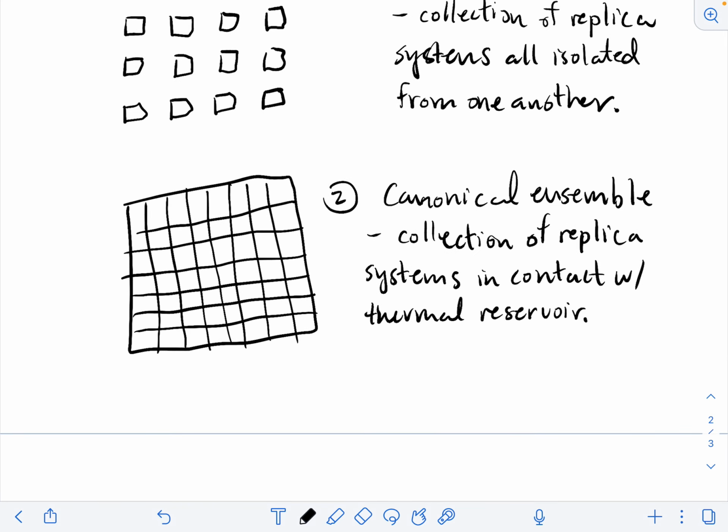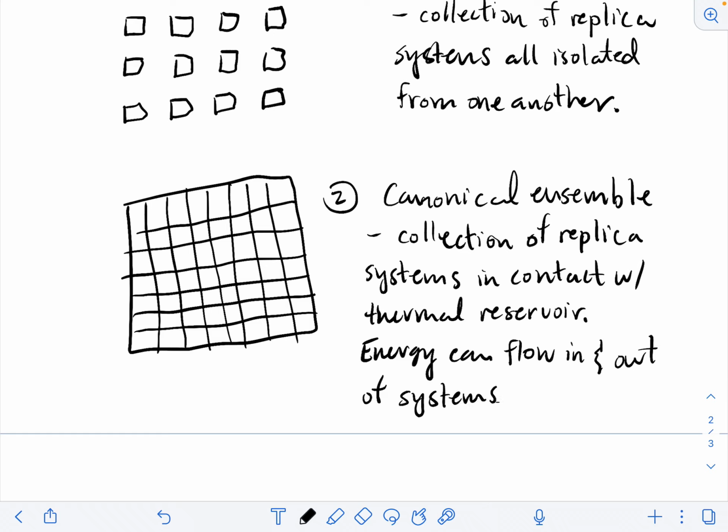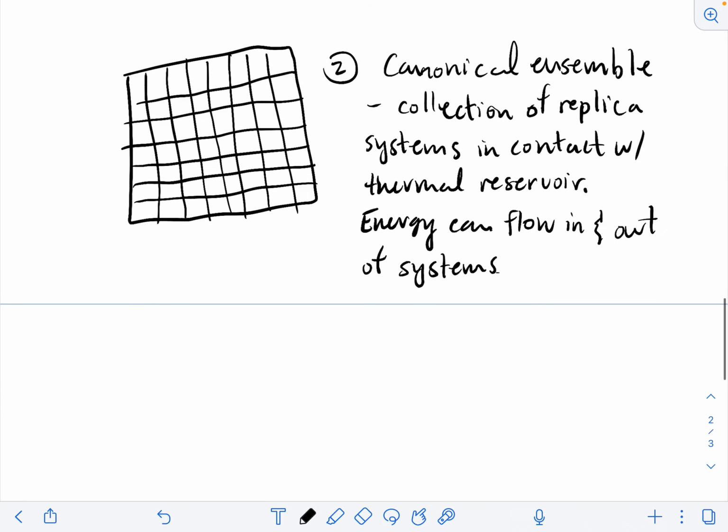Okay, so in this case, energy can flow in and out of the individual systems. However, the overall ensemble is isolated, and so it has a fixed energy.